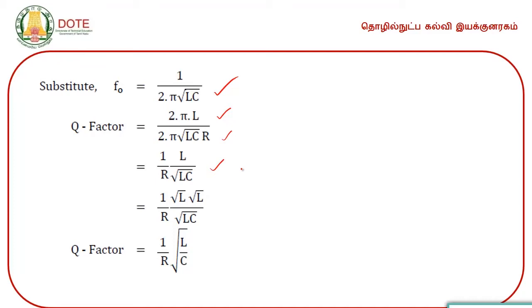So, this L I am splitting it into 2, square root L and square root L for cancellation of these two components. Then you have 1 by R square root of L by C.